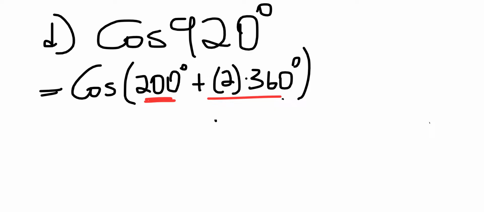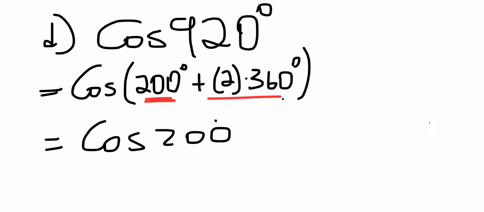Yes, that one completely disappears, and all that you remain with is just cos of 200. You can even just write it as cos of 200 degrees.